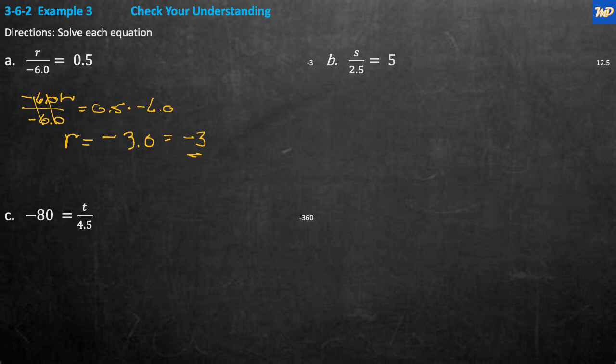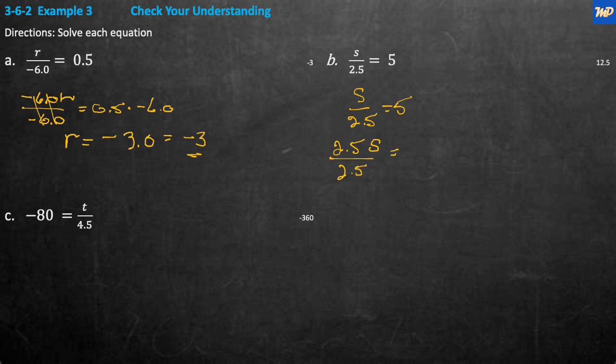For B, S divided by 2.5 is equal to 5. To get rid of the 2.5 in the denominator, we have to put one like it in the numerator. So we're going to put a 2.5 in the numerator times S, and we're going to put that over the same 2.5 that's in the denominator right now.